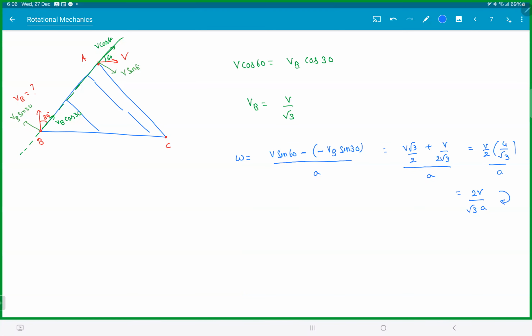Check. Omega: simply take the two points, find the velocities perpendicular to the line joining, and divide by the distance between them.